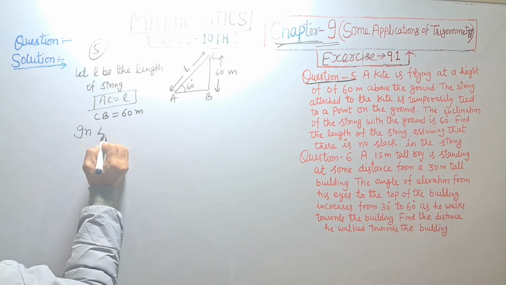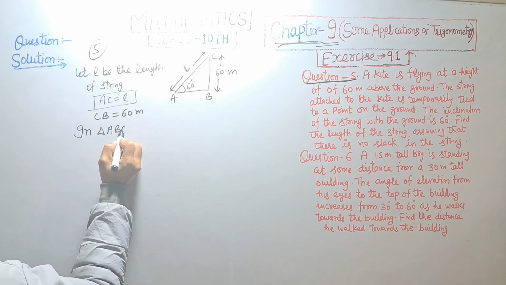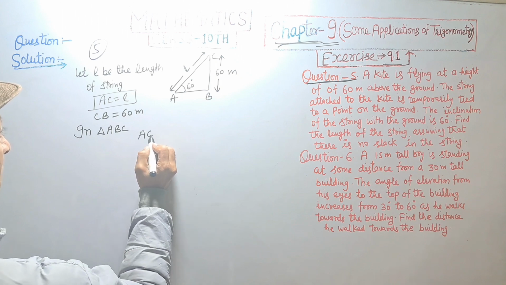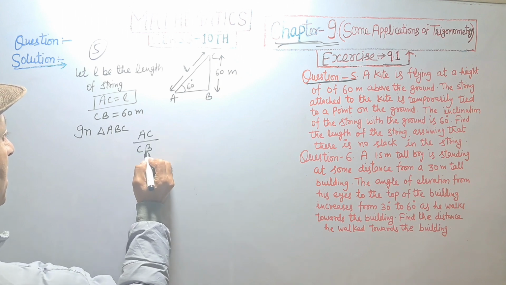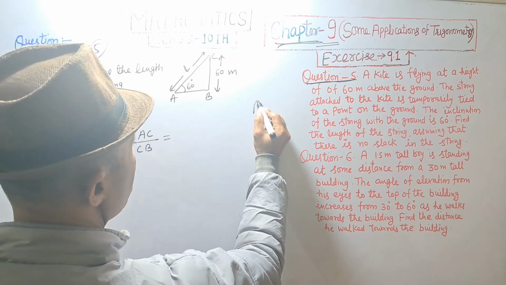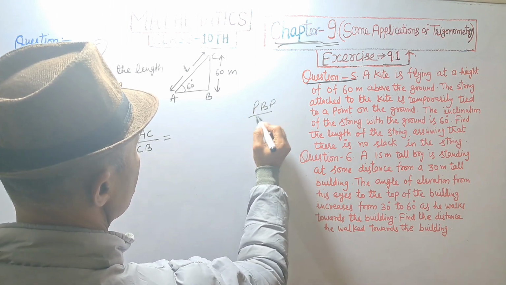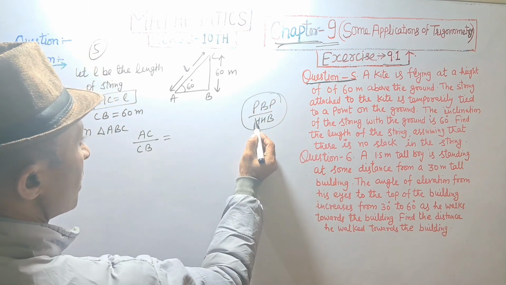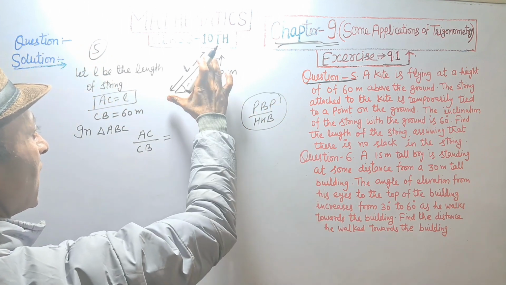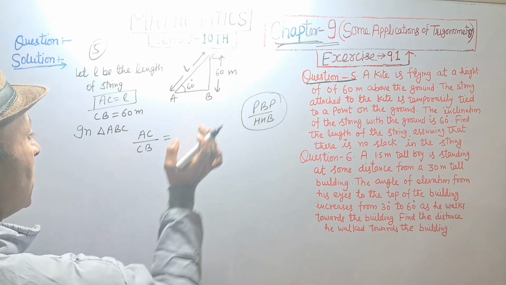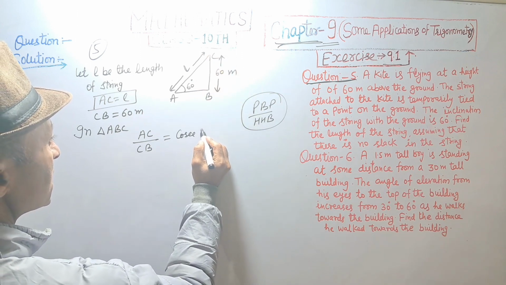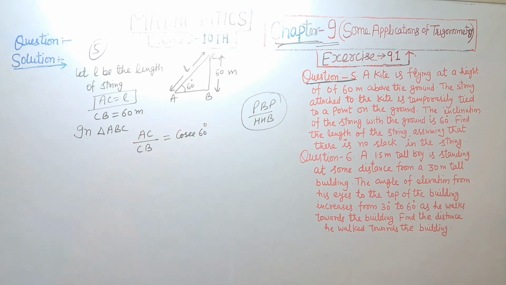In triangle ABC, AC upon CB is equal to hypotenuse upon perpendicular, that is equal to cosecant 60 degrees, cosecant theta.